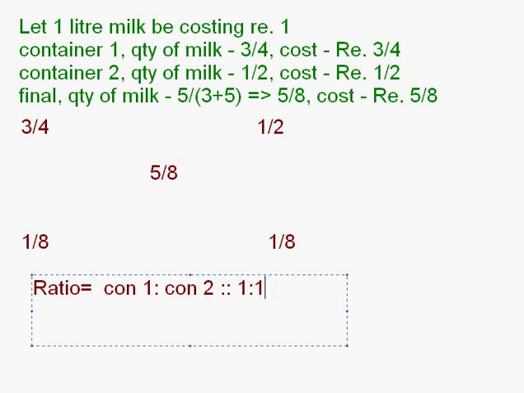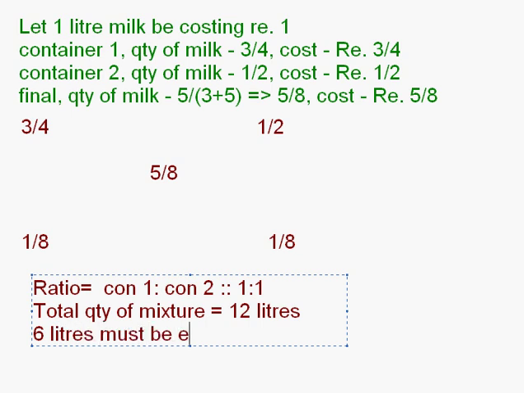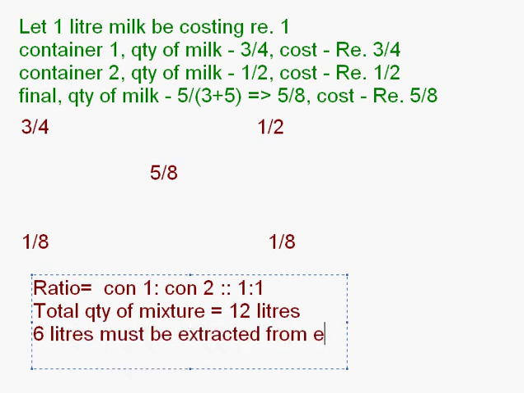That means same equal amount of mixture should be extracted from both the containers. Now total quantity of mixture, final mixture, is 12 liters. That's given in the question. That means 6 liters must be extracted from each container.